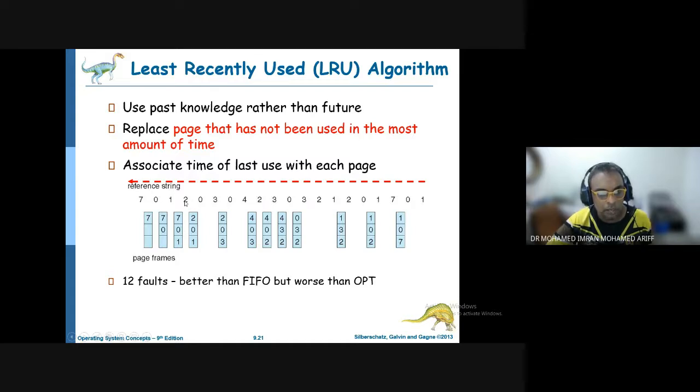So we have to look behind. Before 2 is 0 and 1, so we do not replace 0 and 1 because it can still be utilized. But 7 was yang pertama tadi. That means the last one we use, or the last hujung sekali is number 7. So we replace with number 7.